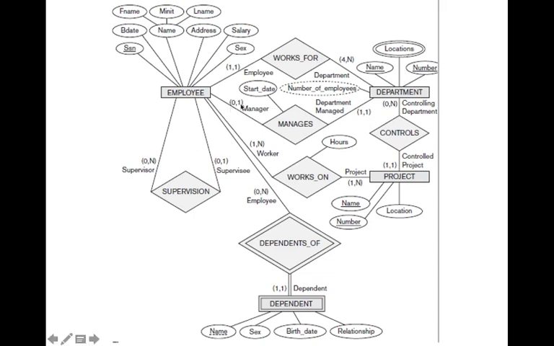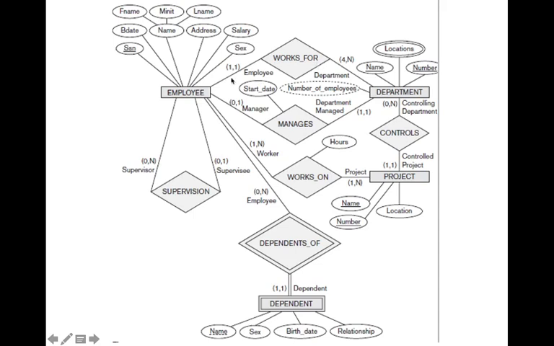The second one means maximum, so every employee can manage a maximum of one department. That is why it is known as min-max notation. On this side it is 1,1. This means a department should have a minimum of one manager and a maximum of one manager. That is why it is 1,1.